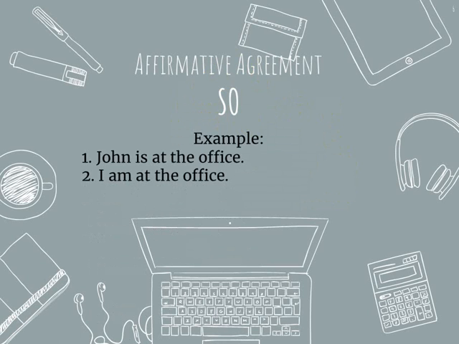The first agreement is so. Example, the first clause is, John is at the office, and the second clause is, I am at the office. So John and I are at the same office. How to ellipse this one?